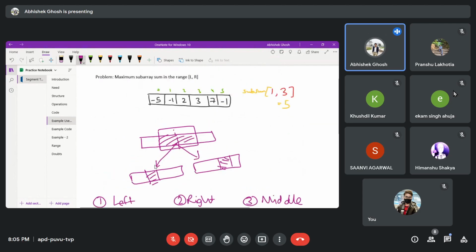So for this half of the array, this part was common, right? And if I magnify this and keep it here, let's say this part was overlapping. So the maximum suffix sum is what is overlapping, right? So we need to consider this as well.